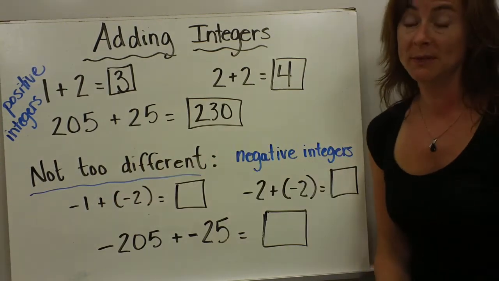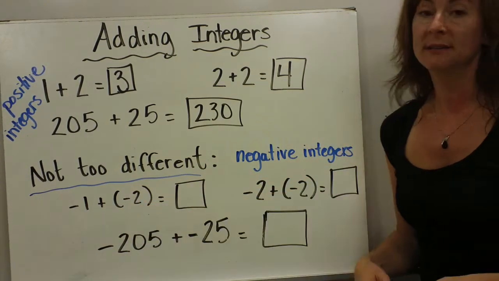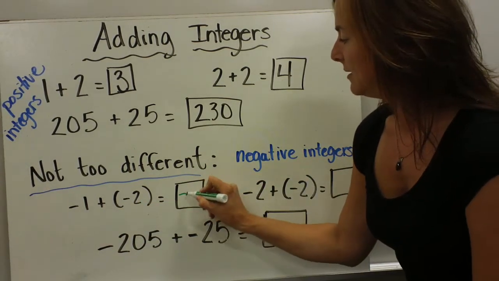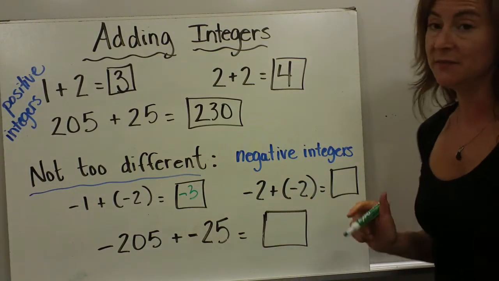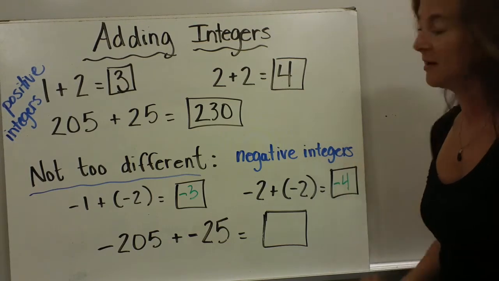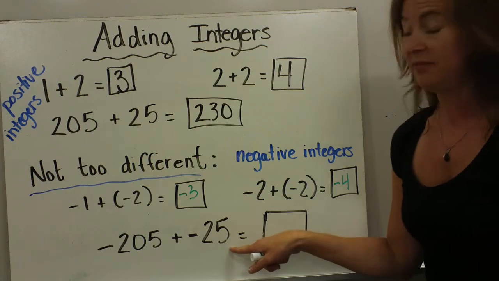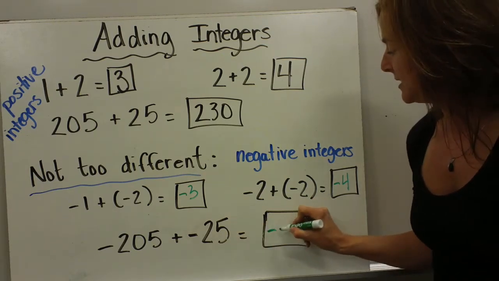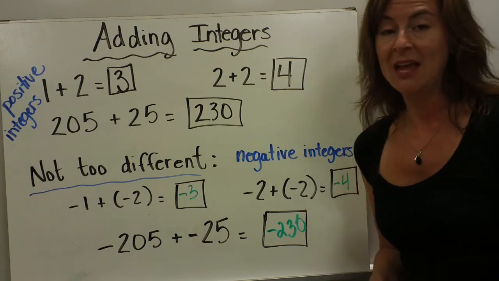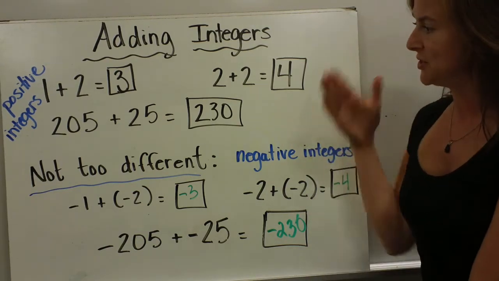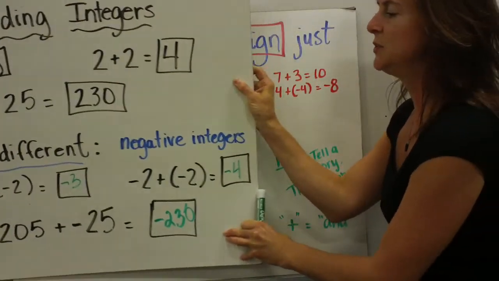It's not too different when we talk about negative integers. -1 and -2 give me -3. -2 and -2 give me -4. -205 and -25 give me -230. Pretty straightforward.